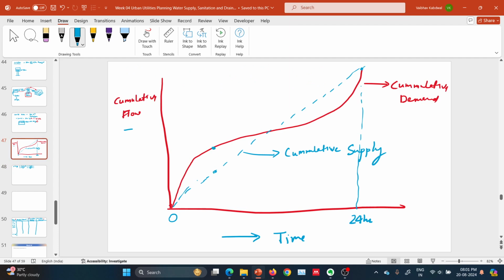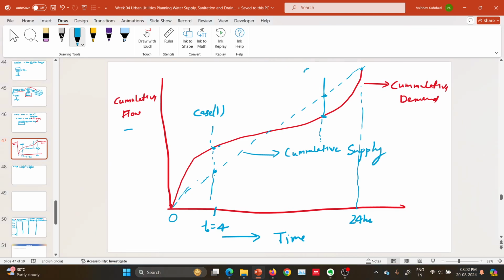Let's take t equals 4 hour. At t equals 4 hour, the cumulative demand is more and cumulative supply is less. Is this case 1 or case 2? The demand is more but supply is less. So this is case 1, which we discussed now. And here the cumulative supply is more, the demand is less.